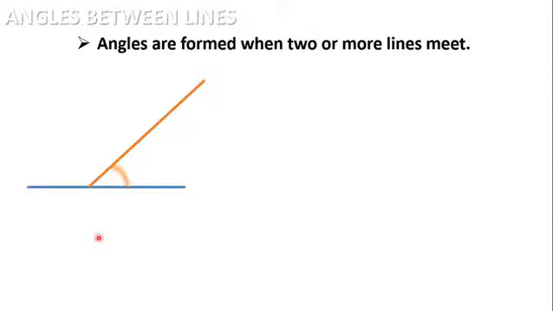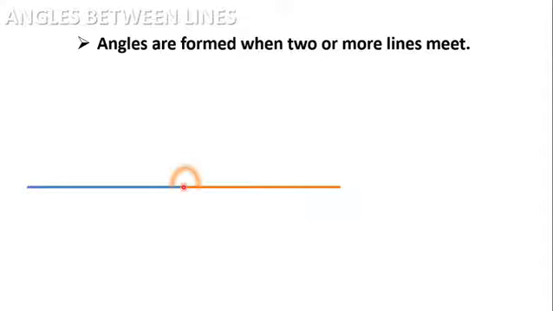If you have this line as well and another line which is also horizontal comes in contact with that line like this, yet an angle is formed. Sometimes students assume that there is no angle between these two lines, but certainly there is an angle. There is an angle up there, and of course there is one down here as well. Okay, so it's important to keep that in mind.